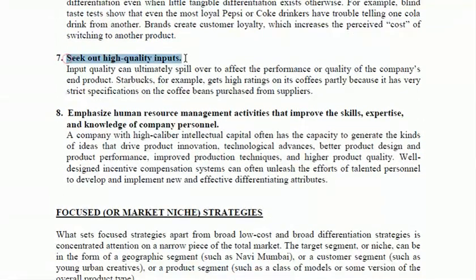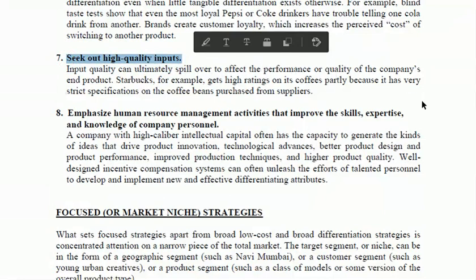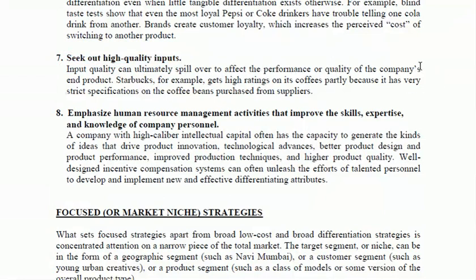And then the seventh one is about seek out high quality inputs. Okay, as in this you are not targeting the low cost strategy, you are targeting differentiated strategy. So that is the reason your inputs should be of high quality. Example which has been given here is Starbucks. Okay, and the coffee shops are very common.